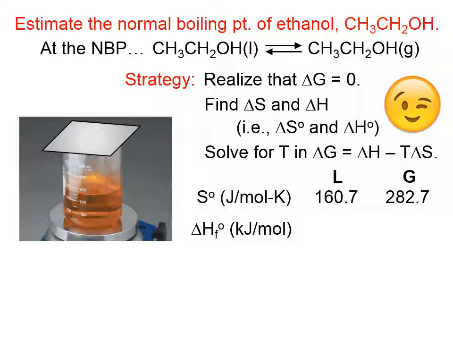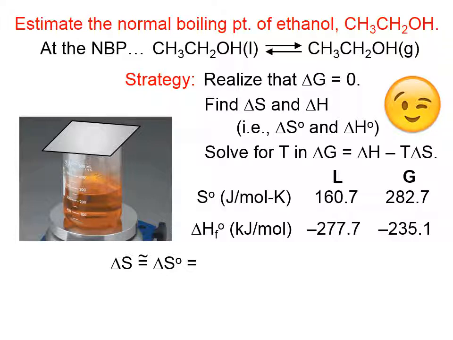Similarly, since we have a compound on both sides of the equation, neither of the standard heats of formation should be 0, and not surprisingly, we need to release more energy to have a liquid than we need to have a gas.